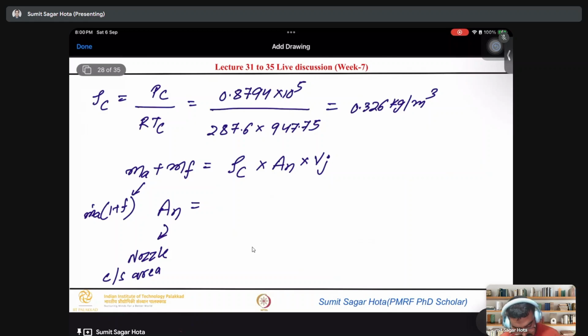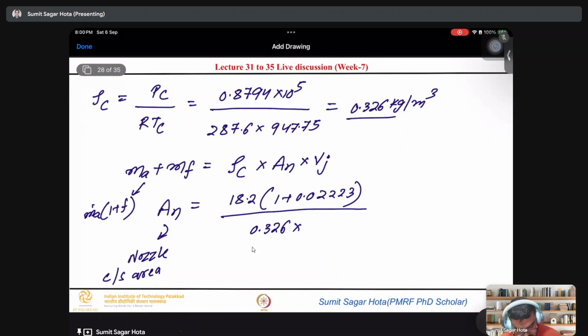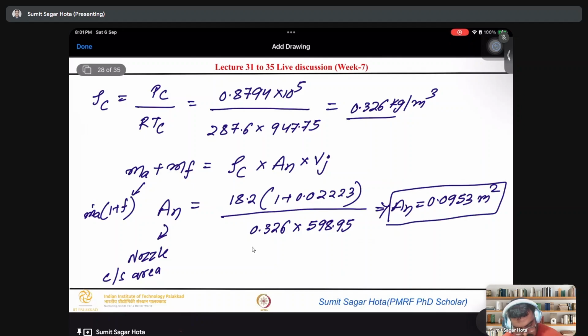Nozzle cross sectional area is 18.2 into 1 plus 0.0333 divided by 0.326 into 598.95. So AN is 0.0953 meters square.